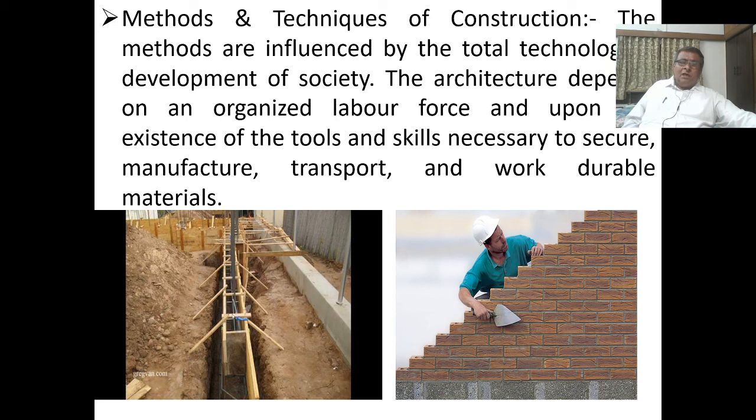So we have secure manufacture, transport and work durable material. We have a good manufacturing unit, we can transport the materials to the workplaces, and we will have work durable materials due to good methods and techniques of construction.